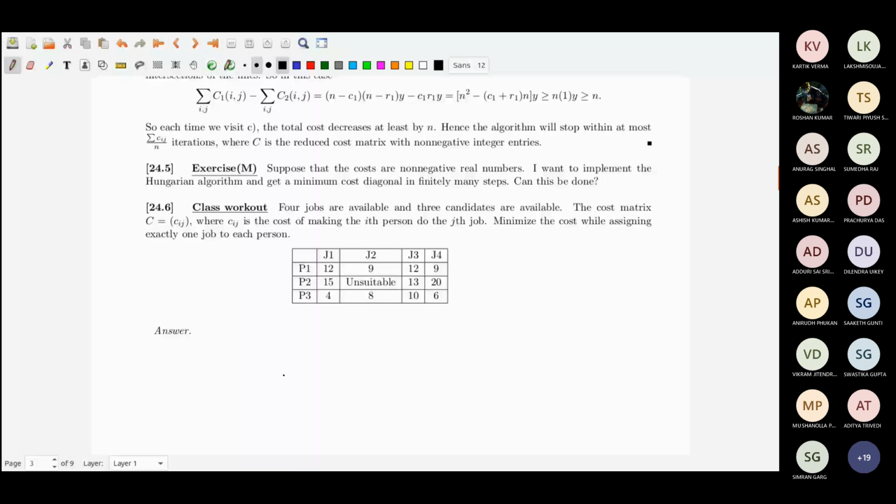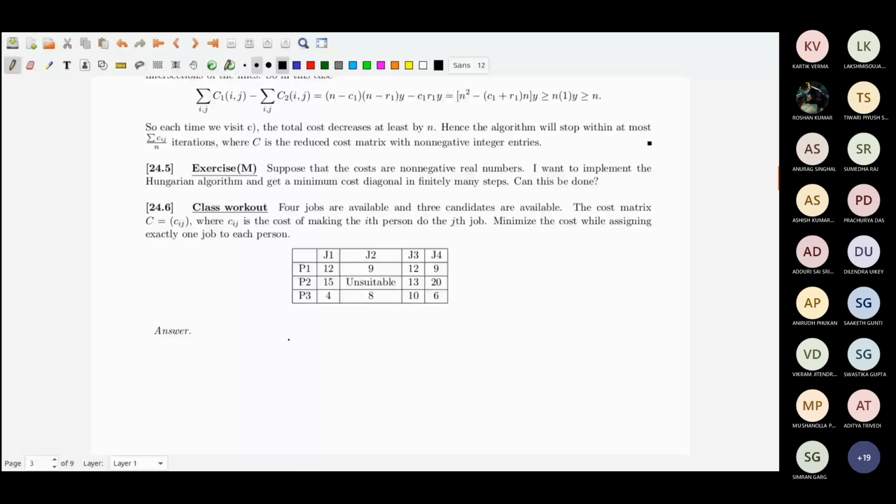Remember, the algorithm works for square matrices, whether the bipartite matching n by n or even the Hungarian algorithm. So you need to make it square, but how do you exactly make it? Now the way to make it is the following. So here is my C matrix, my problem matrix.